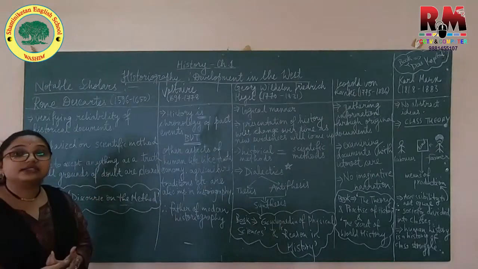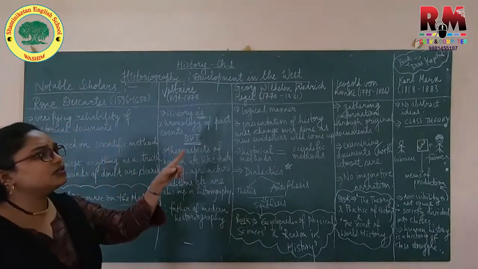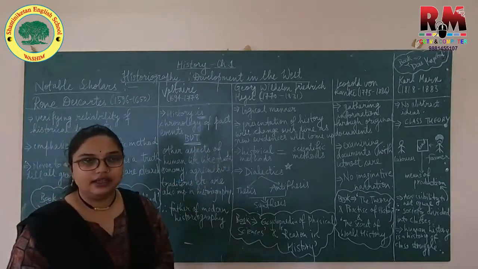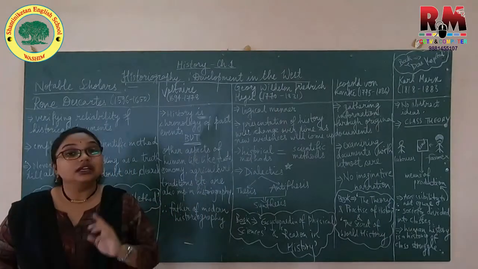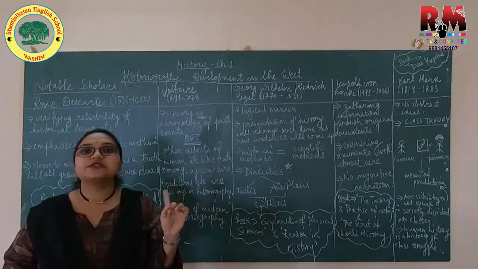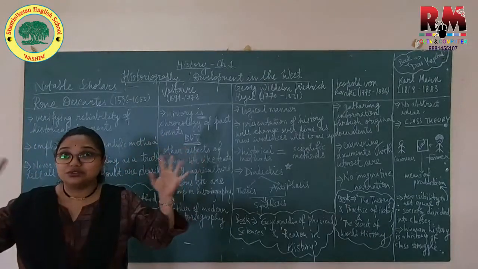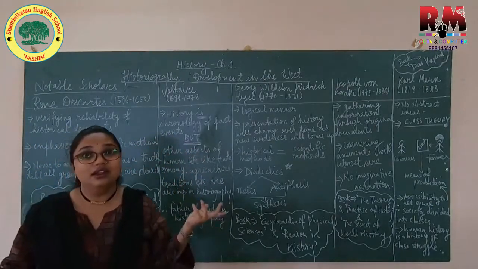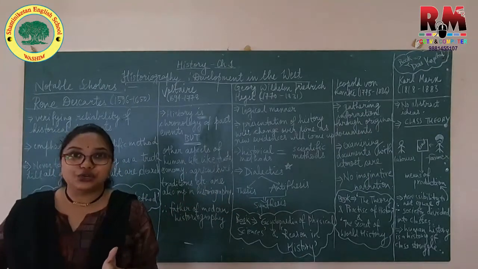Karl Marx also said the same thing Leopold said. Leopold said there should be no imaginative narration of history, and Karl Marx also said no abstract ideas, no creation of your own. You should not create anything in your mind. Rather, whatever is there, you should study it and come to the truth.